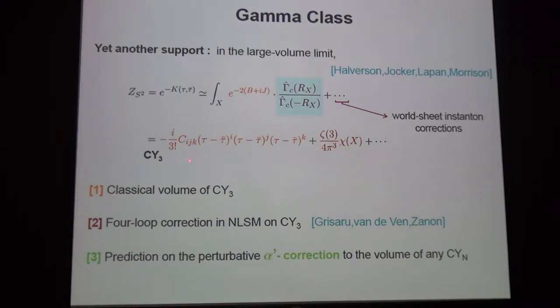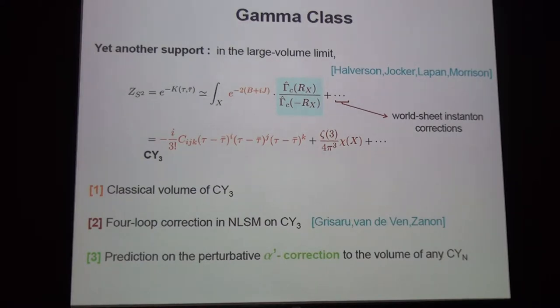Furthermore, in the case of the Calabi-Yau 3 manifold, this two-sphere partition function, or e to the minus k, is the exact Kähler potential of the Kähler moduli space, and it is known to be expanded in the following form. The first term is nothing but the classical volume of the Calabi-Yau manifold. And there is a second term, which is already well known back in the 80s, which involves the Euler characteristic of the target space Calabi-Yau 3 manifold and zeta of 3.